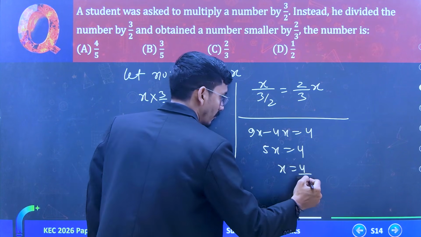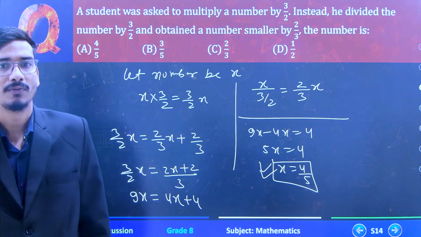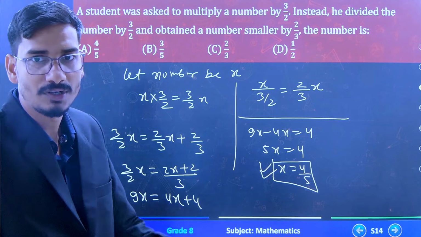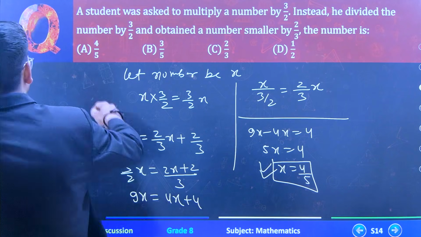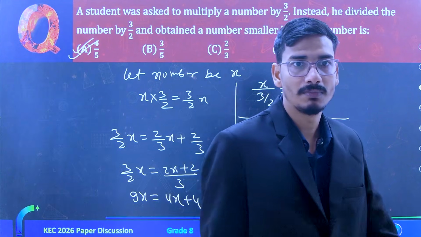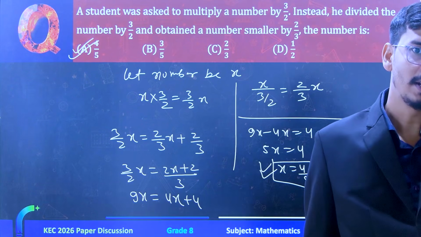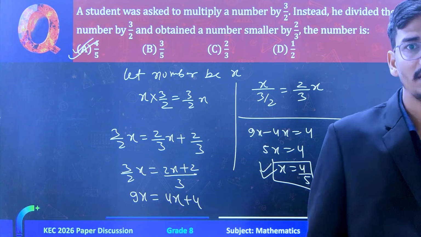So x equals 4 by 5. Am I clear? Someone is also writing the answer 4 by 5. Yes, 4 by 5 is the right answer. So which option, beta? Option number A. Clear hai? This question is directly coming from the class. Okay na? Class discussion.